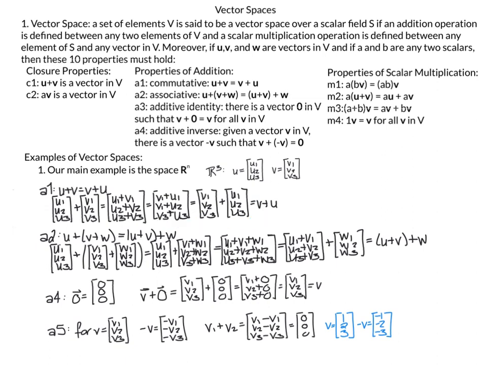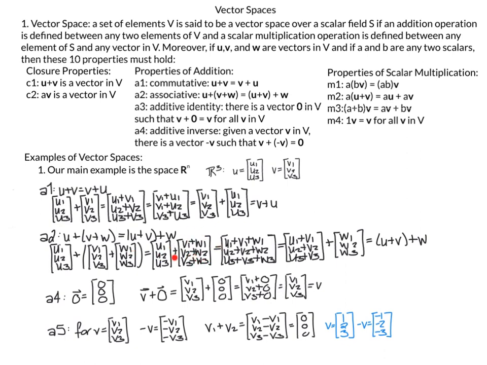Next, I will need to show that the addition is associative. So if I have U plus V, plus W, that's going to equal U plus V plus W. So I have U plus V plus W, and I'm going to do that addition first. So I have U, and I have V and W, so I'll add V and W first.